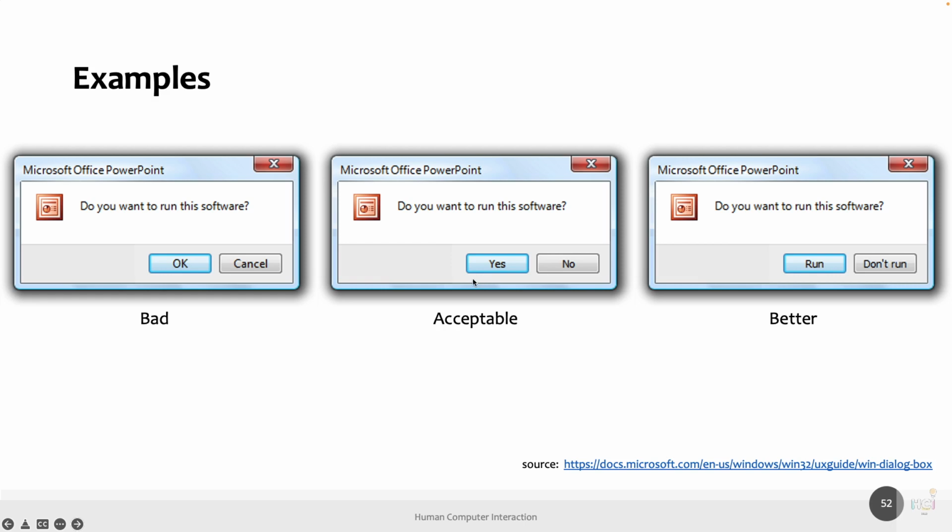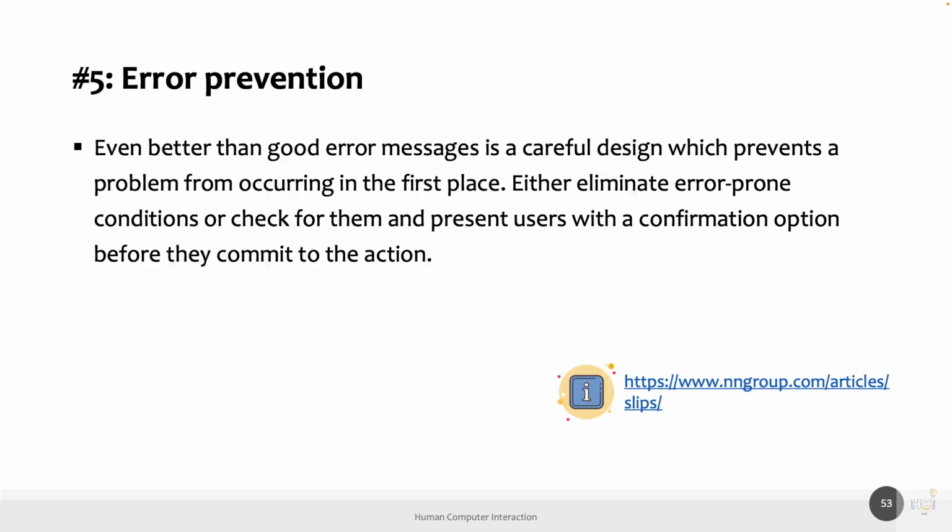To avoid any kind of confusion, any kind of ambiguous questions, ambiguous answers, just be explicit. So do you want to run this software? Run, don't run. Okay, so each button explains the action that is related to that specific button. Okay, so consistency in the dialogues that you use in your pop-up messages. And again, the suggestion is make it explicit.